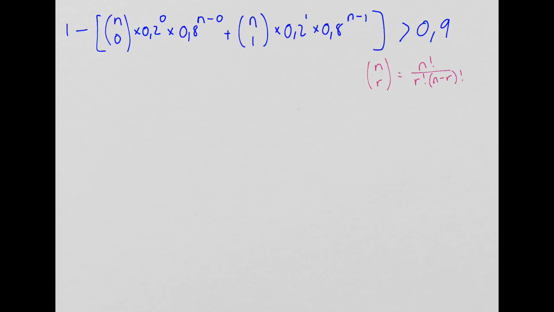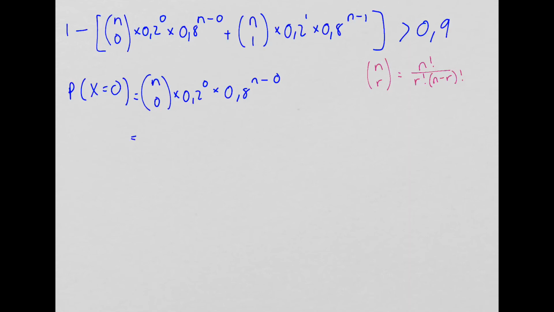Moving on swiftly, we can now look at the calculations separately. Let's look at the probability of X equals 0 first. The probability of X equals 0, as I've shown above, is n choose 0 times 0.2 to the 0 times 0.8 to the n minus 0.